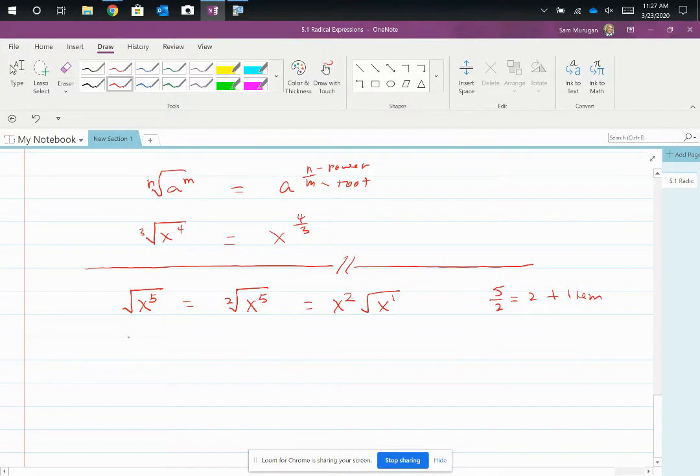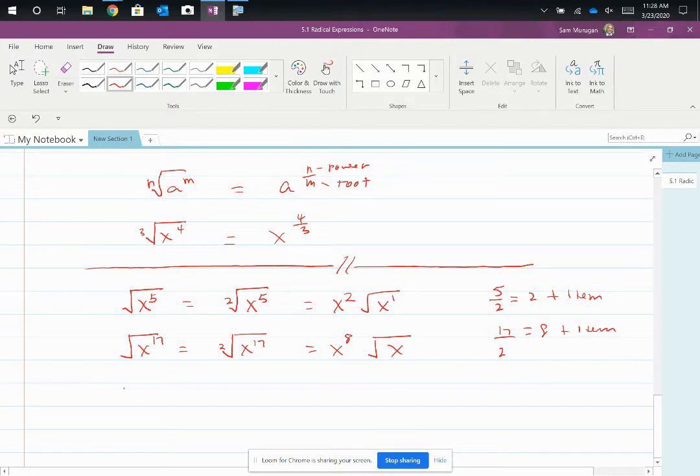Or if I have, say, x to the power 17, you would write x, divide 17 by 2, get 8 plus 1 remainder. So x to the power 8 and the 1 remainder in here.